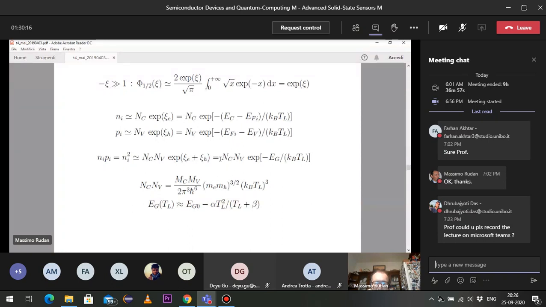This product of the effective densities of states of the bands is taken from the definition. You see the product Nc Nv, since Nc and Nv separately are proportional to (kT) to the 3/2, the product is proportional to (kT) to the cube, okay?